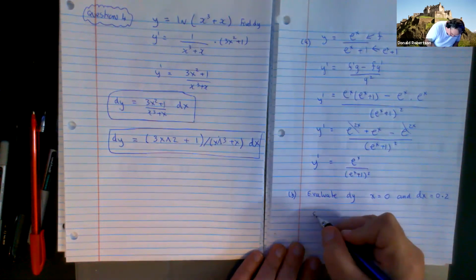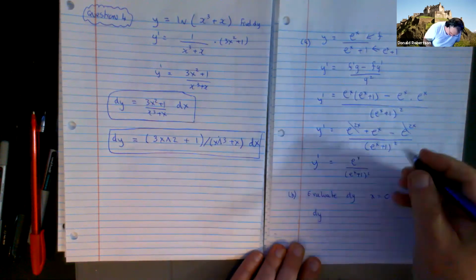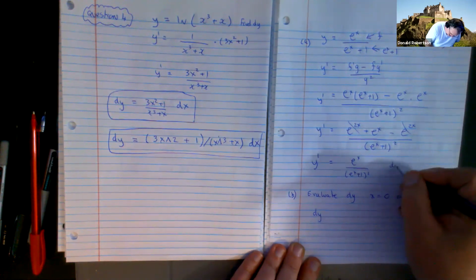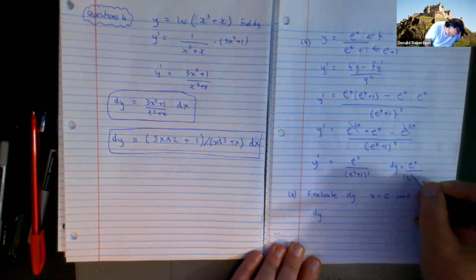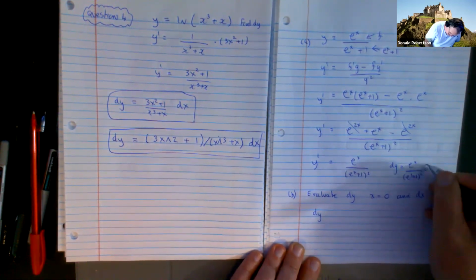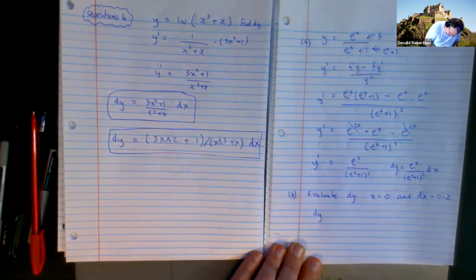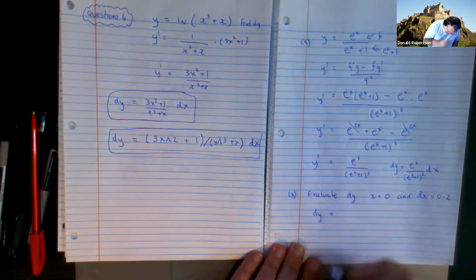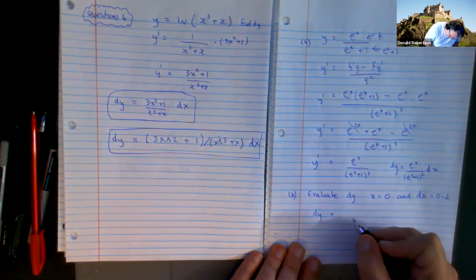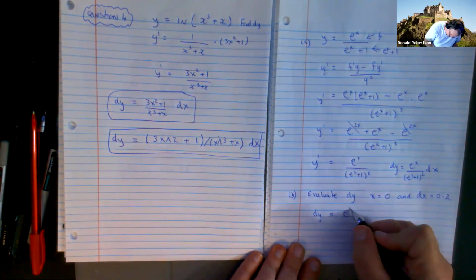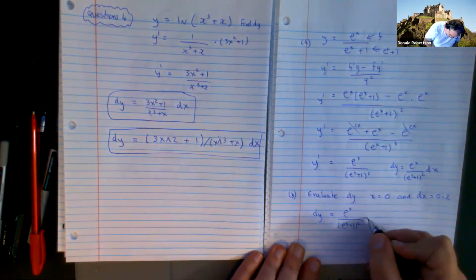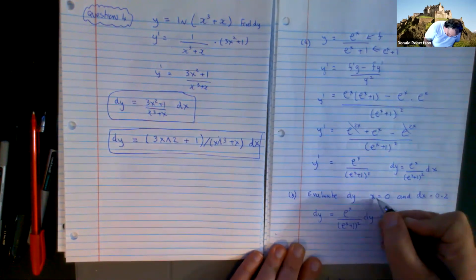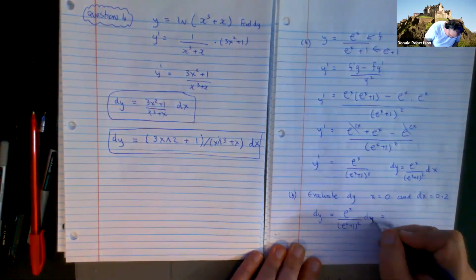And the value of the differential then, because I just realized I haven't done it yet, is e to the x over e to the x plus 1 squared dx. And the value of the differential then is going to be that same guy, but when x is 0, so dx there.